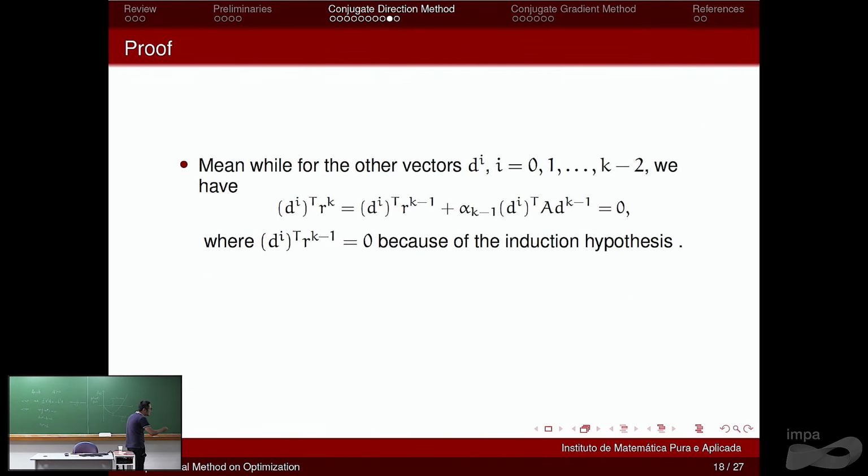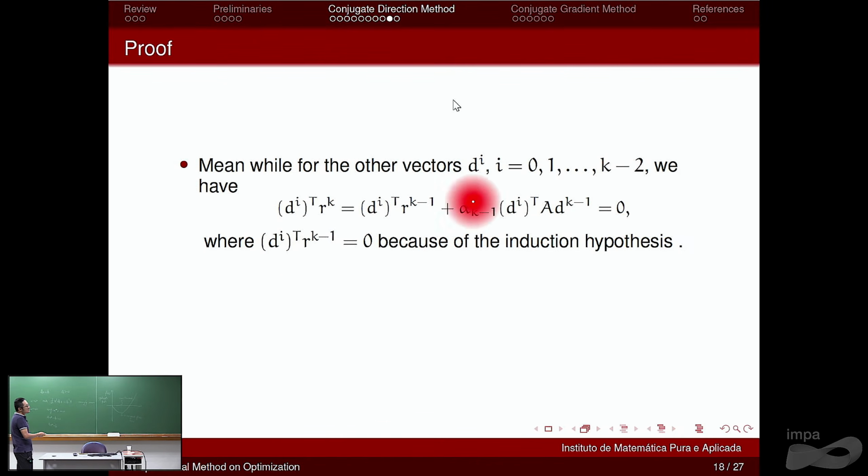We use that expression of rk here, so di transpose rk equals this term. The second term equals 0 because the di are conjugate: d0 to dk minus 1 are conjugate with respect to A. The first term is equal to 0 because we proved it in the last slide.